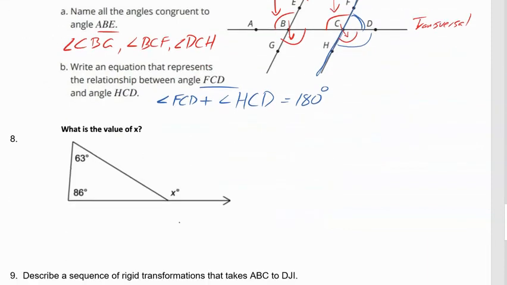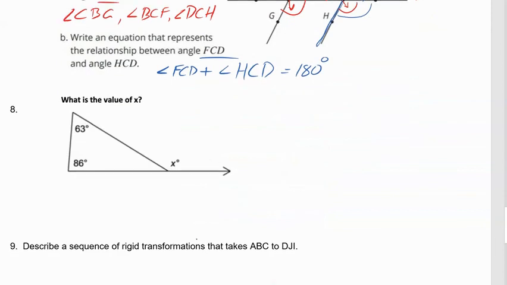All right, number 8. Again, triangle sum theorem comes up, right? We know that triangles have to add up to 180 degrees. We can use that to find this missing angle right here first, right? So you have 86 degrees plus the 63 degrees plus, I'll call this y degrees, right?